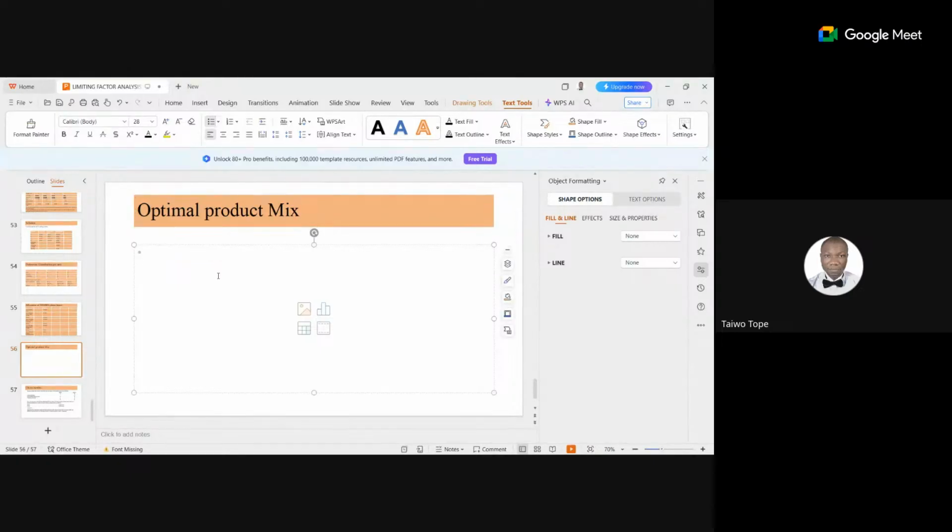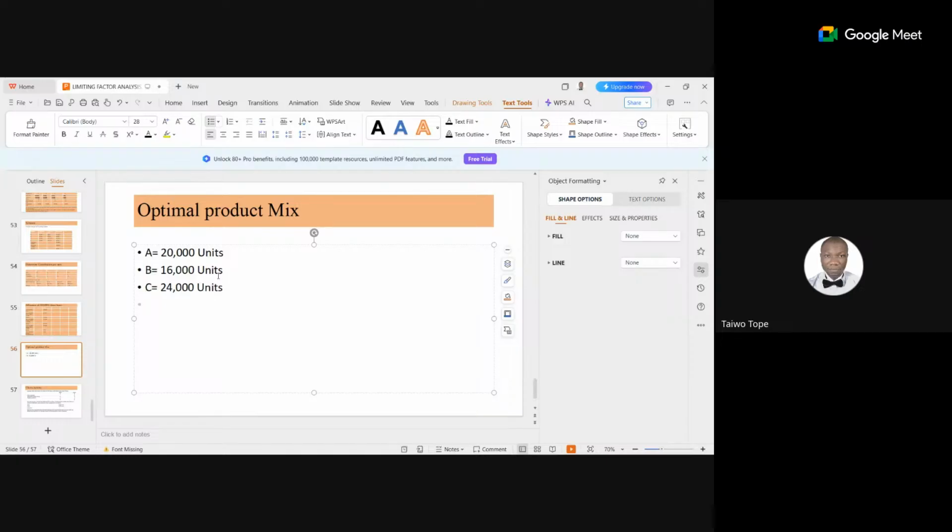For product A, you're able to produce the whole budgeted product, that is 20,000 units. For B, you can produce what? 16,000 units. And for C, you can produce what? 24,000 units.